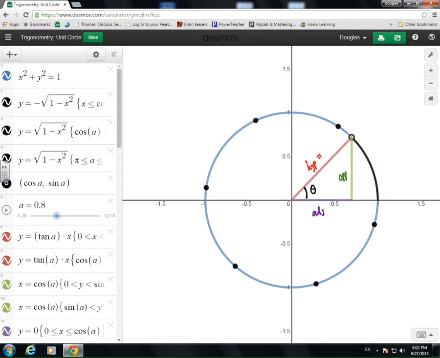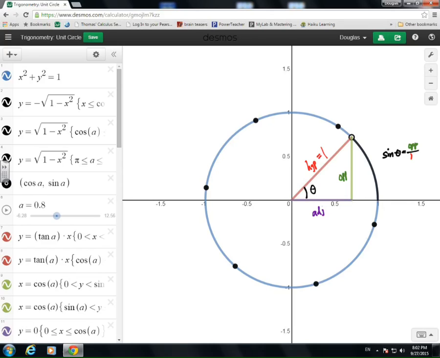But because we're working in the unit circle, we can always define the hypotenuse as 1. Therefore, if we were to look at the sine of theta, we can see that that ratio is a comparison of the length of the opposite side divided by the length of the hypotenuse, which we know to be 1.